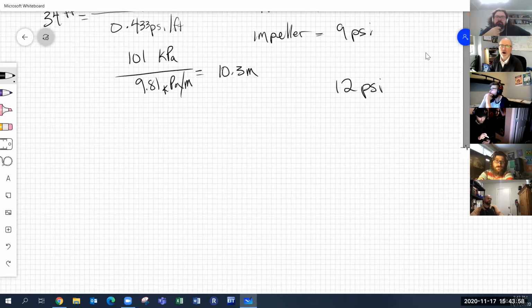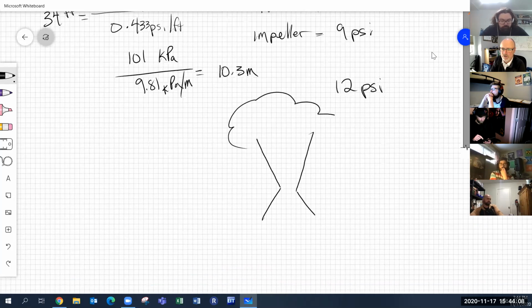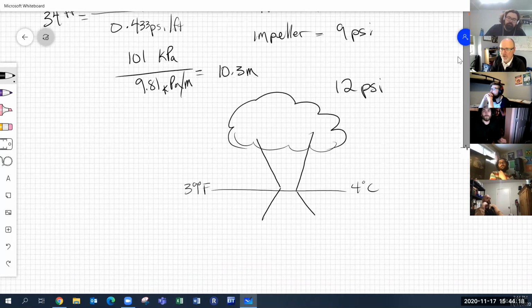We know that water has some crazy characteristics, right? Let me just draw an illustration here. We know water is most dense at 4 degrees C or 39 degrees Fahrenheit. The boiling point of water is 100 degrees C or 212 degrees Fahrenheit.